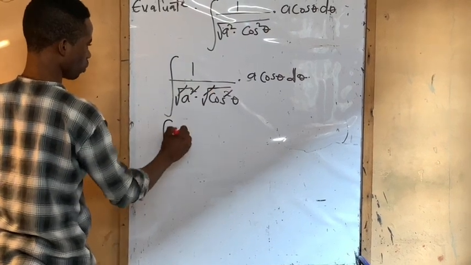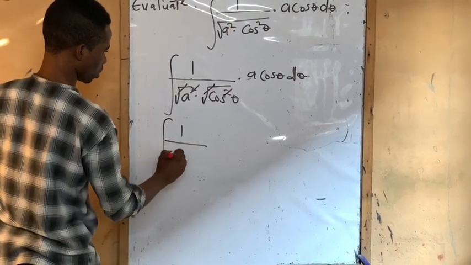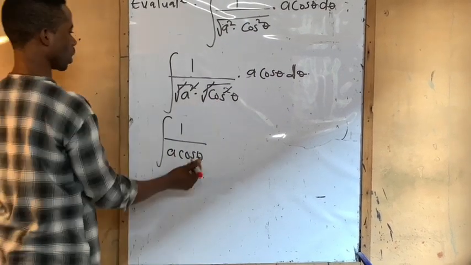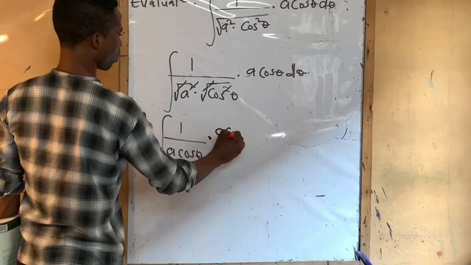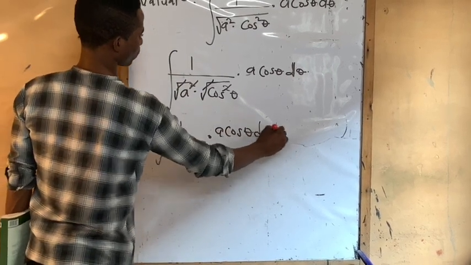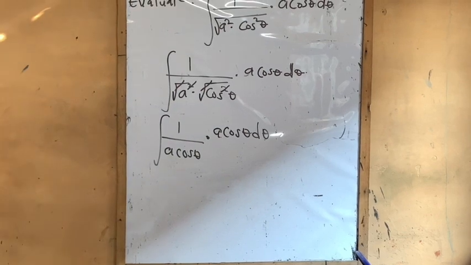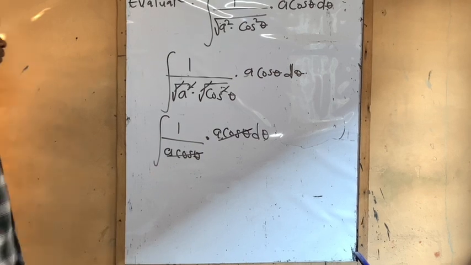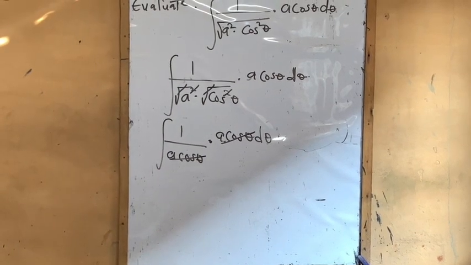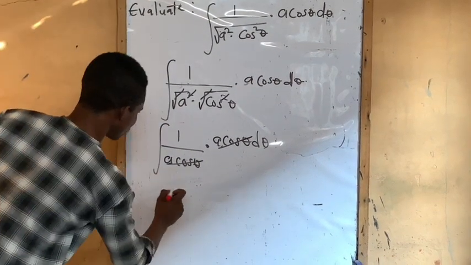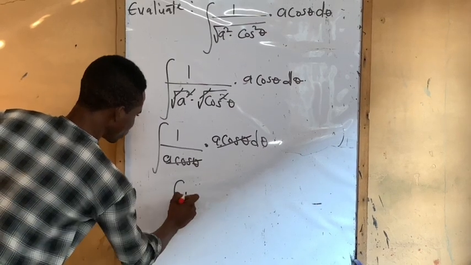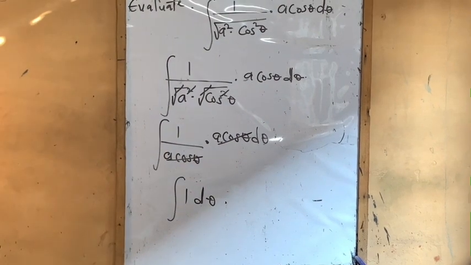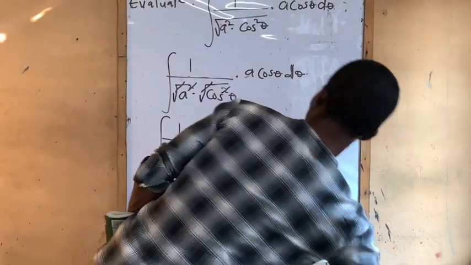So we have integral of 1 all over a cos theta, that is a times cos theta, multiplied by a cos theta d theta. So definitely this can cancel this automatically. That is 1. So what am I left with? 1 d theta. That's what I have left. And what is the integration of 1?